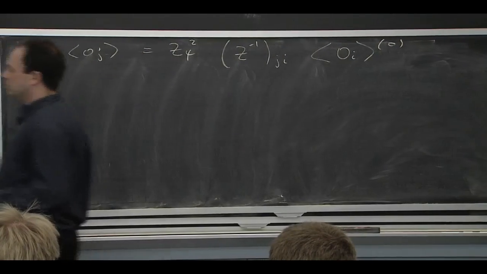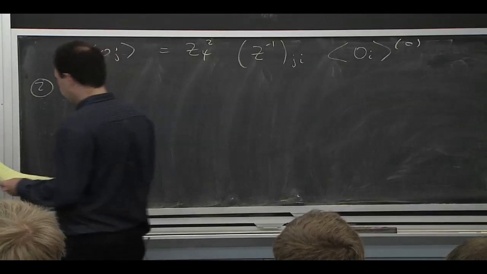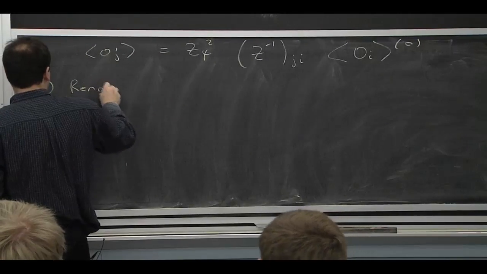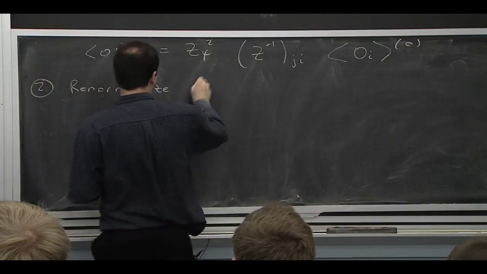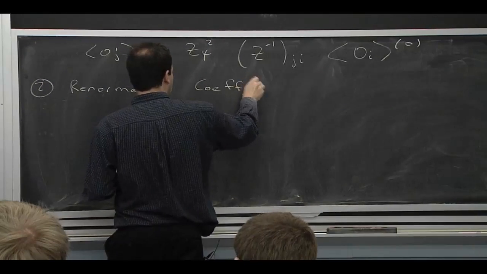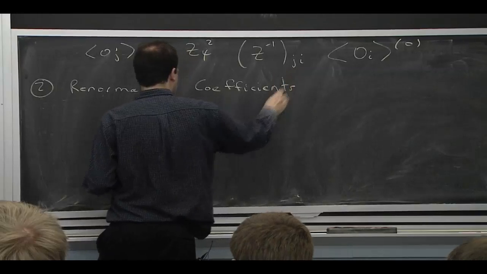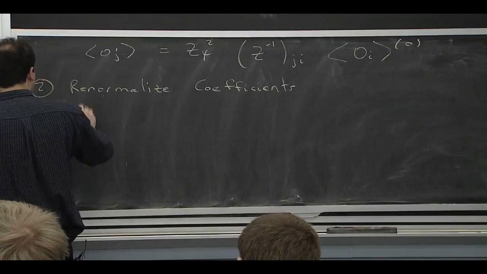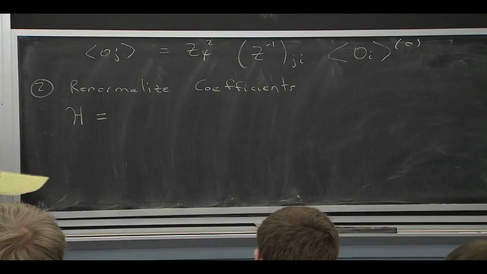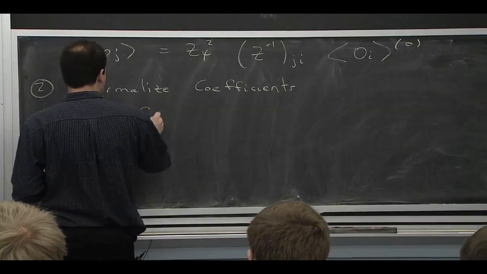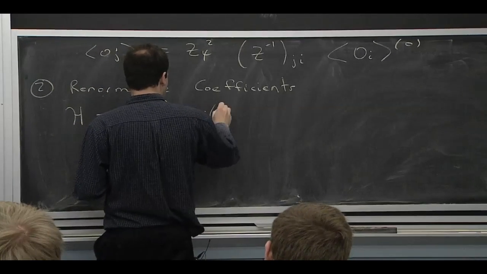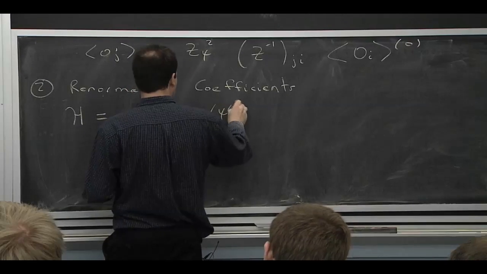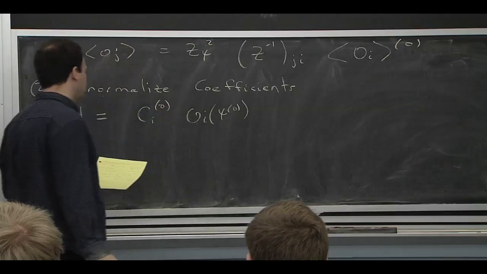The other one is related more to how we usually think about things in terms of gauge theory, and that is to have counterterm coefficients for the various operators. So start with the Hamiltonian, written in terms of bare coefficients and operators that have bare fields, bare operators if you like.